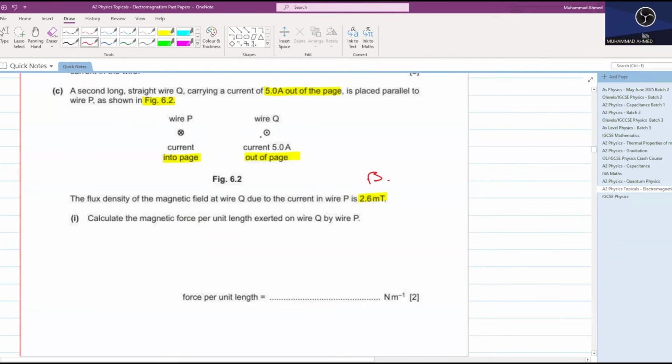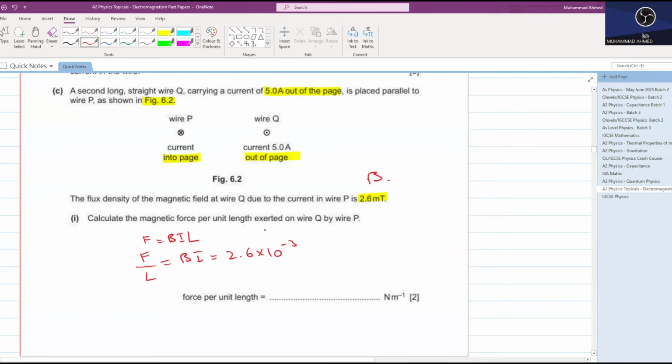We have to calculate the force per unit length on wire Q by wire P. So F is equal to BIL. Divide by L here. Force per L is equal to BI. Now B will be what? 2.6 into 10 raised to the power of minus 3.